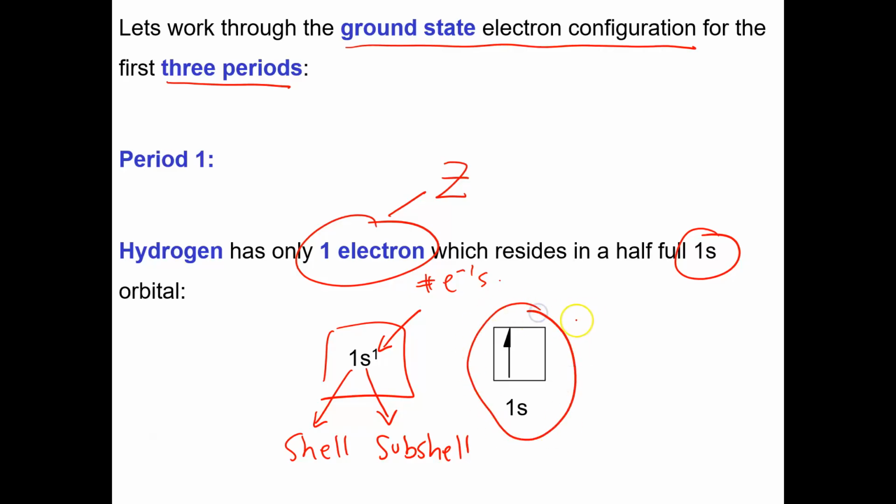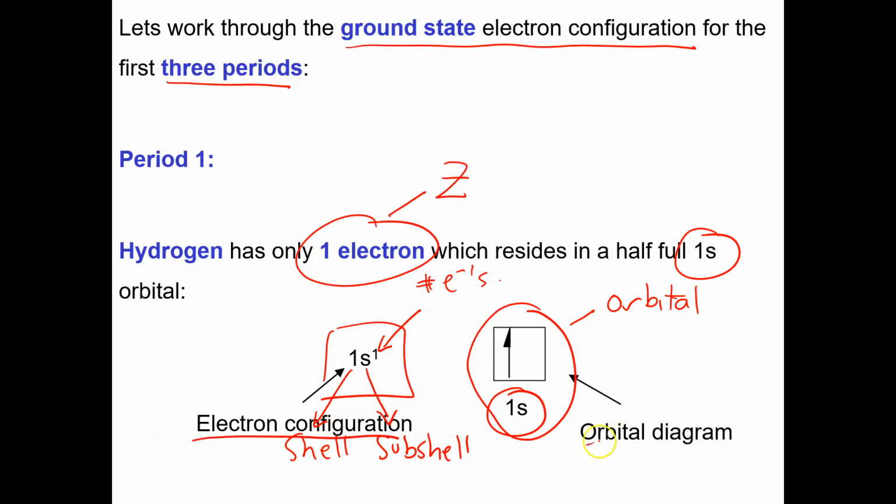Over here, what we've got is an orbital diagram where we draw a box which represents the orbital that contains the electron, and then we put 1 half-headed arrow in there directed up to indicate the 1 electron that is in that orbital. And we always label our orbitals. So this is called an electron configuration, this is called an orbital diagram, and you need to know how to construct both.